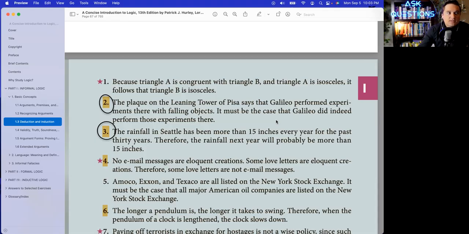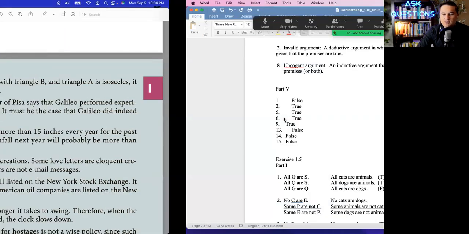Or what's more likely is that if there is this plaque, maybe the historians did the best job that they could, and they really believed that this is where Galileo did these experiments. But plaques and historians can be mistaken. They're not perfect. They're fallible. And so this is an inductive argument. It's not 100%. Maybe there's a very, very good chance that he did these experiments, but is it guaranteed? No.